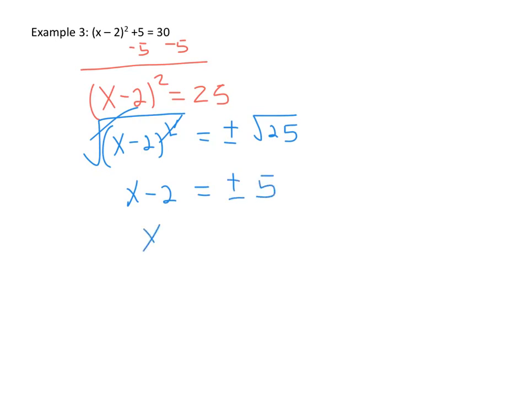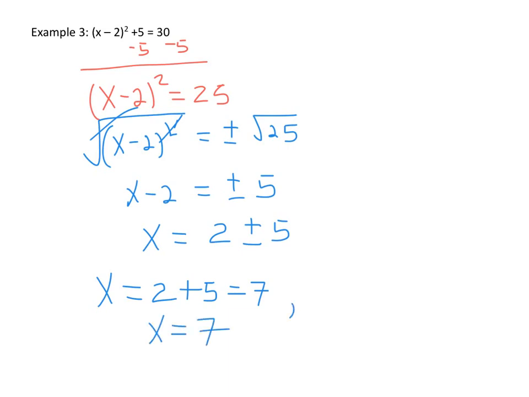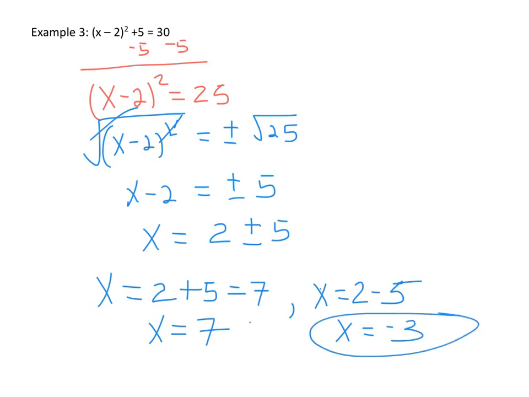So that means x is equal to, I add 2 to both sides, 2 plus or minus 5. So x is 2 plus 5, which is 7. So x is equal to 7. And the other one, x is equal to 2 minus 5, so x is equal to minus 3. And those are the solutions.